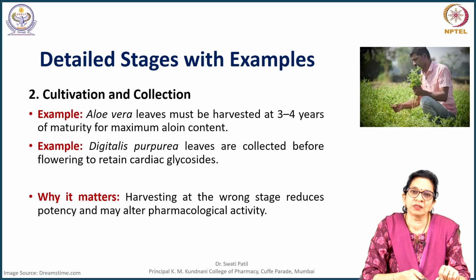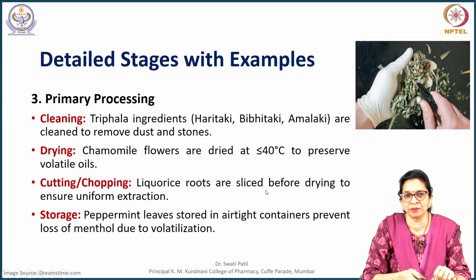Generally, when it is a leaf herbal raw material, it is collected before flowering. At the time of flowering, leaves mature and this decreases the bioactive constituents. Harvesting at wrong stages reduces potency and may alter the pharmacological activity.